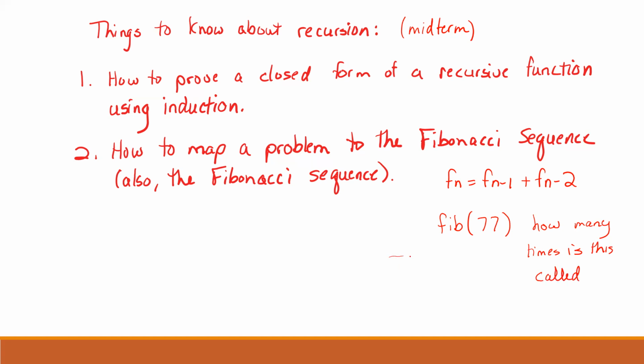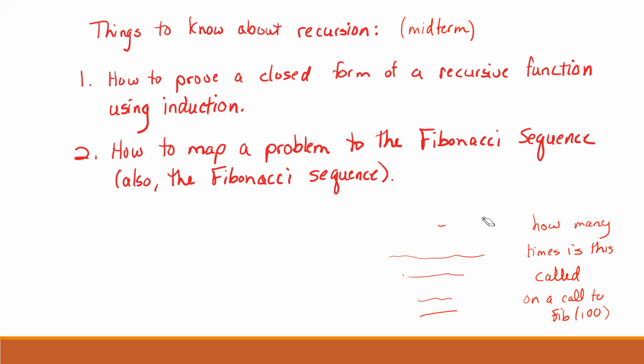Right, so I might give you some pseudocode algorithm to compute the Fibonacci numbers, and I'll ask you how many times this is called on a call to fib 100 or something like that. So you should understand how to get those numbers. I'm not going to give you a complete example here because there are complete examples in the midterms from previous semesters.